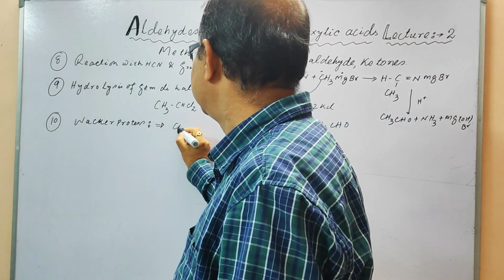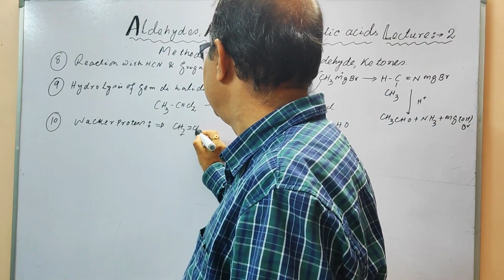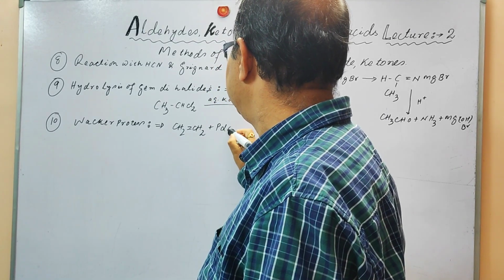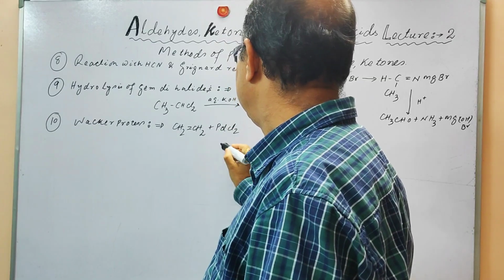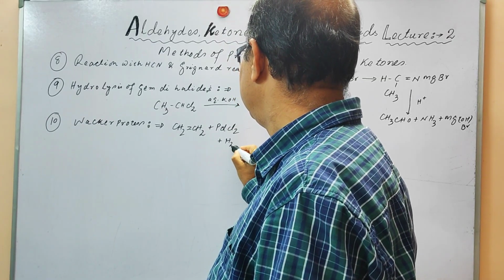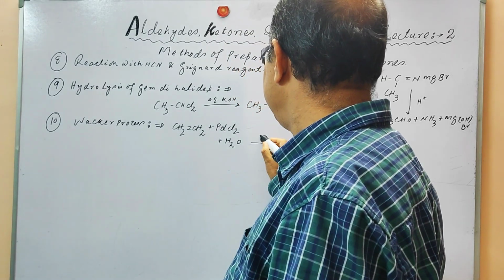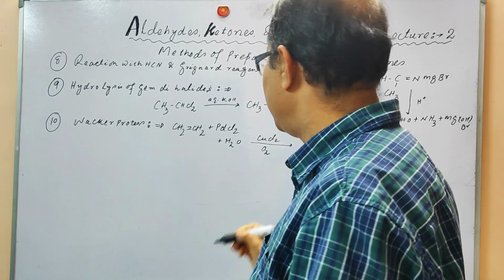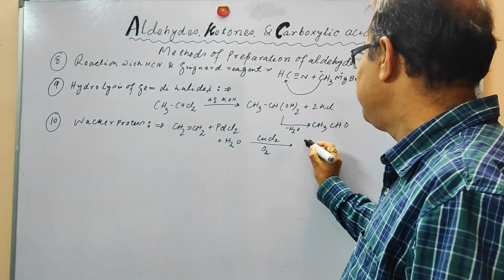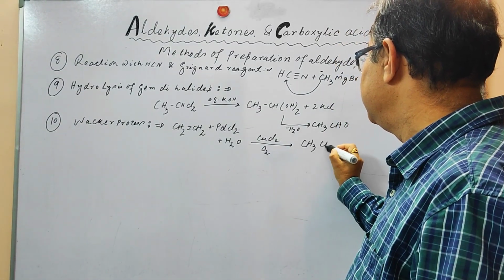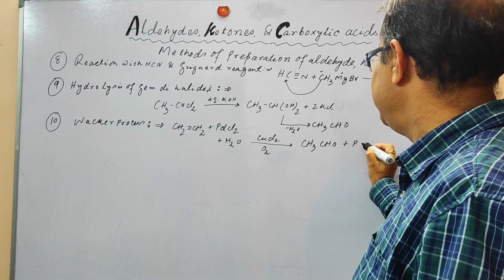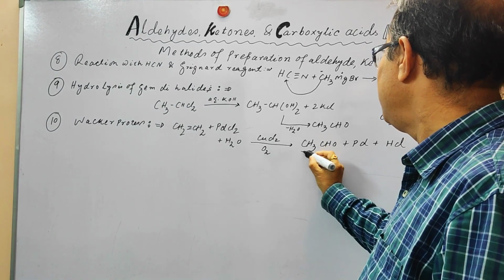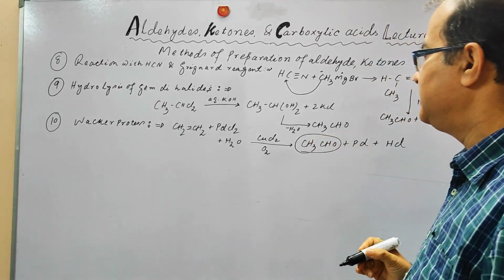So the reaction is CH2=CH2, ethylene, plus PdCl2 plus H2O, and we have to use CuCl2 as a catalyst and O2 from air, and this is going to produce CH3CHO, Pd and HCl. So in this way we produce the acetaldehyde.